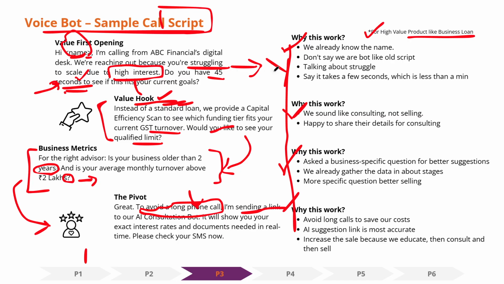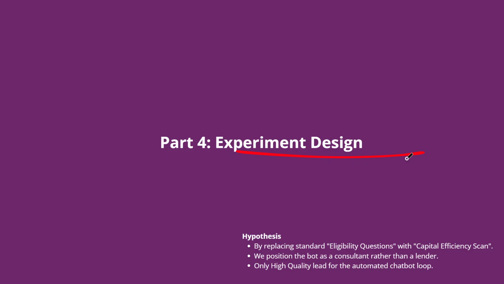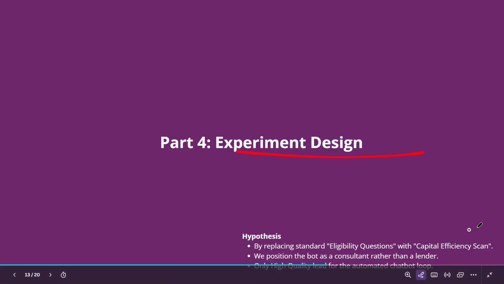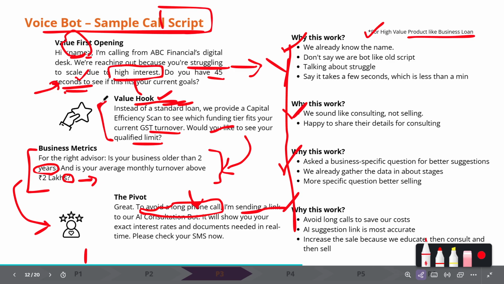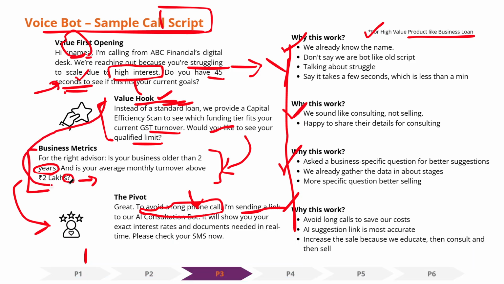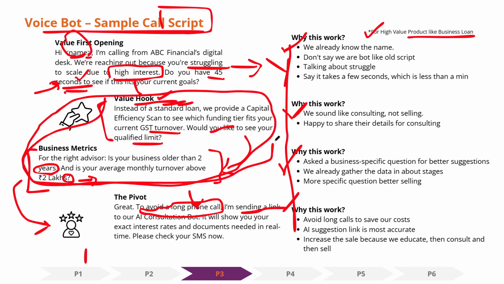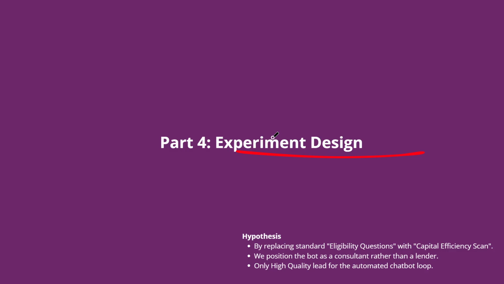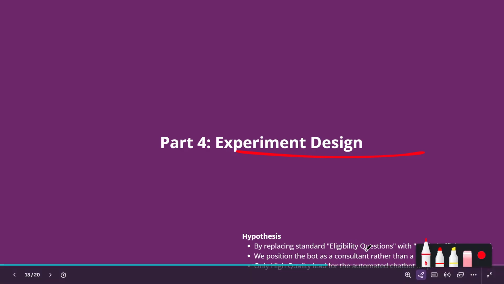If they say yes, then it's simple, in the past call it can show and understand these eligibility questions. With the capital efficiency scan, we are scanning from value to metrics. In these two, we are scanning our user to understand their needs. And we position our bot as a consultant.